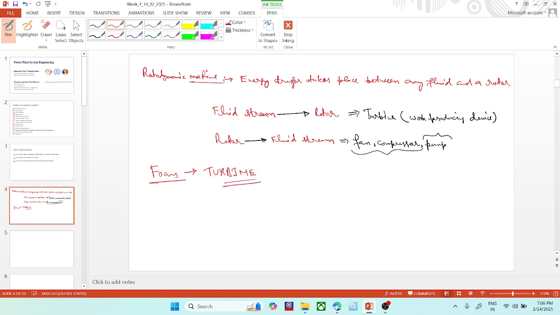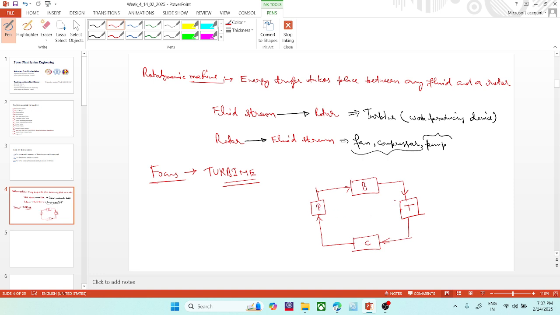As we have seen, a power plant has a pump, boiler, turbine, and condenser. The cycle goes like this. This is boiler, turbine, condenser, and pump.